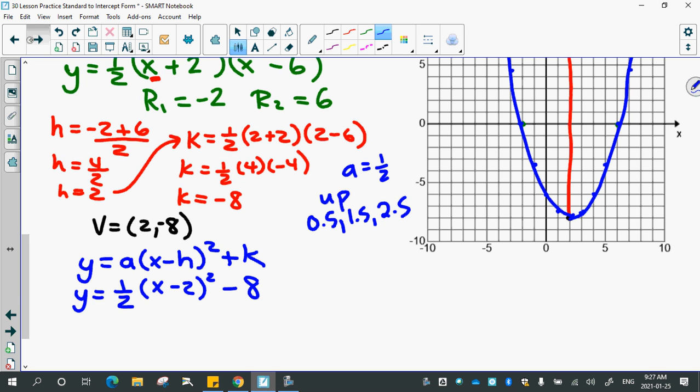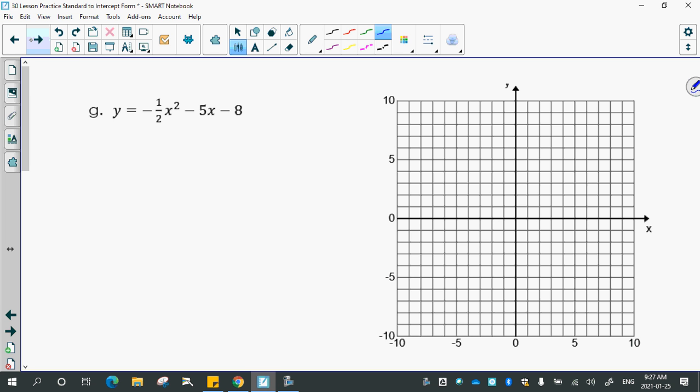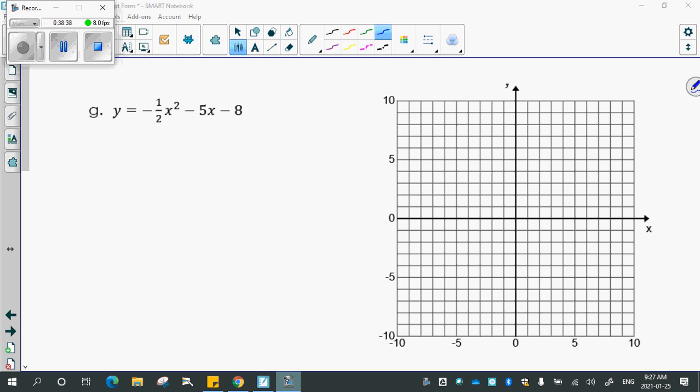Okay, last example. I'll let you guys try this one. Pause for Daniel for a second. First step. Now you got some signs wrong. -5 divided by -0.5 is +10.